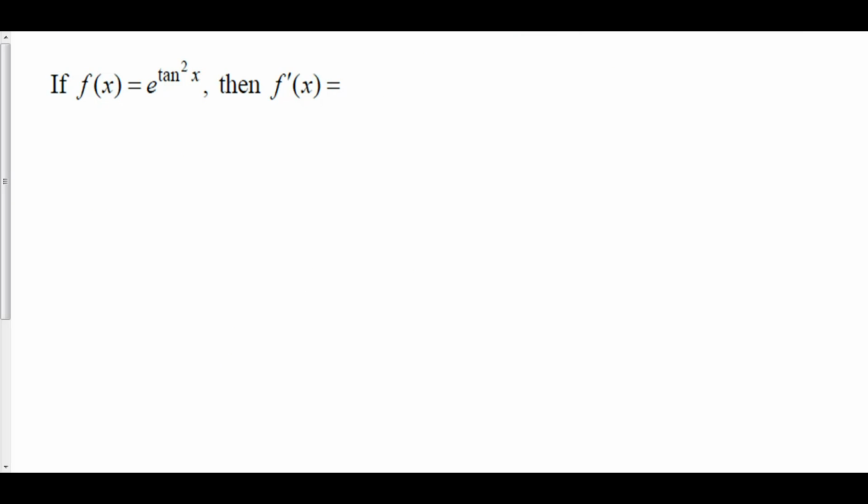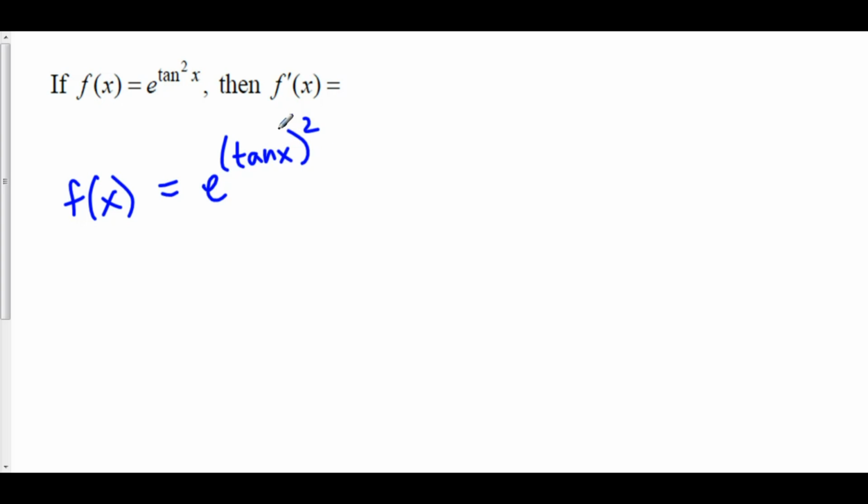And last but not least, let's take the derivative of e to the tan squared x. Tan squared x throws a lot of people off, but we can rewrite this as e to the quantity tan of x squared, because tan squared x and tan x squared really mean the same thing.